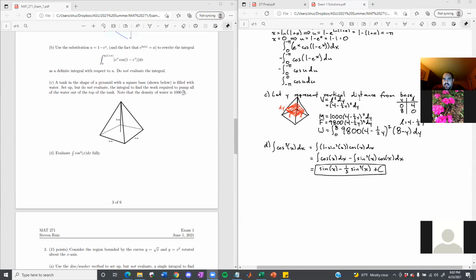So really I did this in steps. First thing I did here, and I'll try to mimic this drawing on this pyramid here. Basically, I'm going to take a representative slab, a square slice of this water in this pyramid.